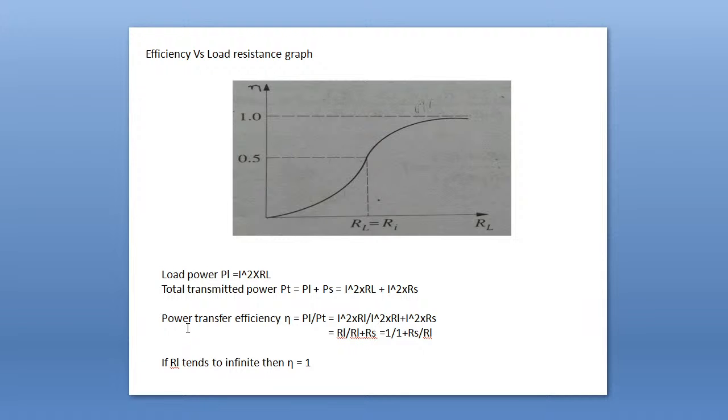Efficiency is nothing but the ratio of load power divided by total transmitted power, that is load power plus source power. So don't confuse load power with the efficiency of the circuit. The maximum value of efficiency is 1, but the maximum value of load power is half of the source power, 50%.